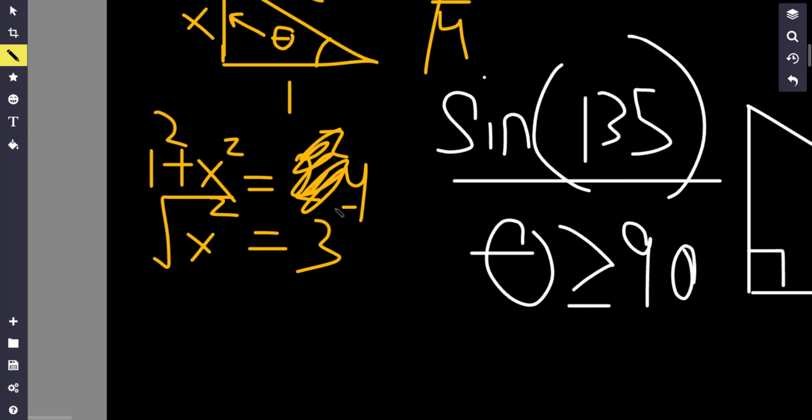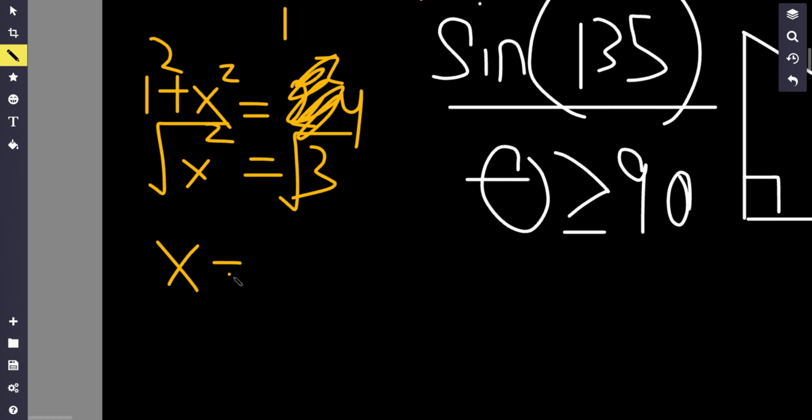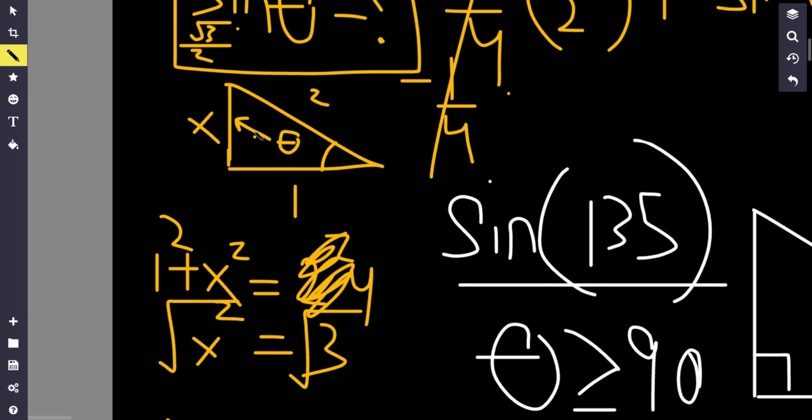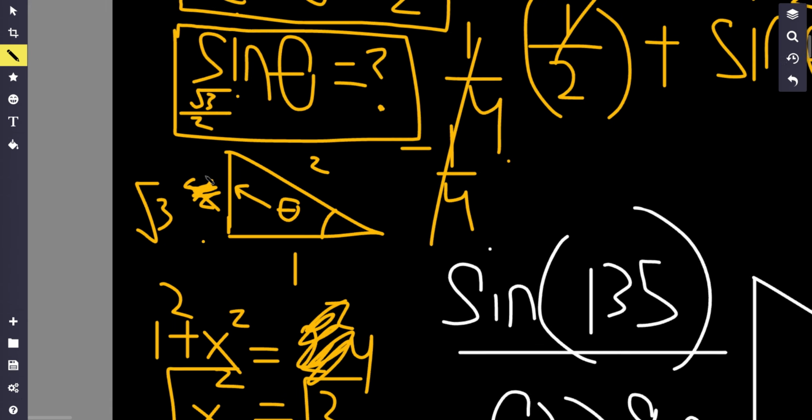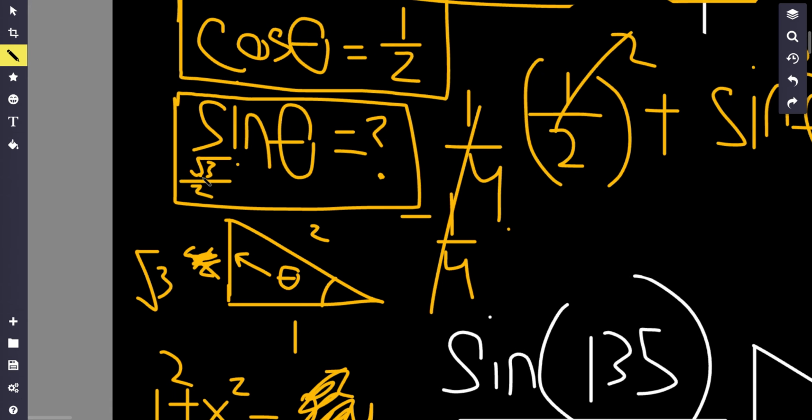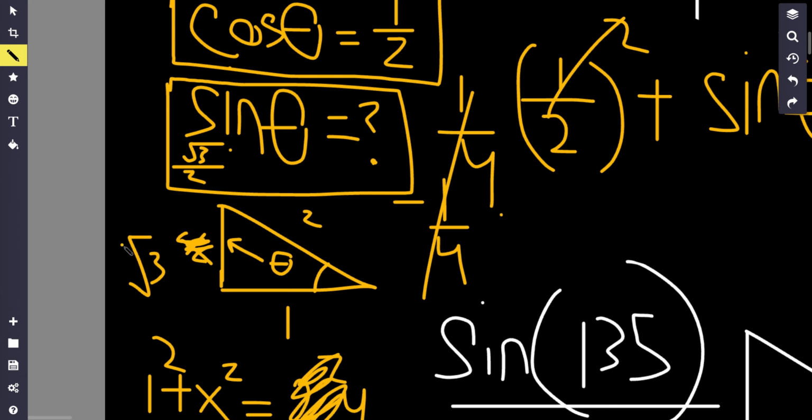If we square root both sides, we get that x is equal to the square root of 3, positive, because it's the length of a triangle, right? And now we can just find sine of theta. So sine, we said, is equal to the opposite side, the side opposite that angle, which is radical 3, divided by the hypotenuse, which is 2. And you notice how we end up with the same answer.